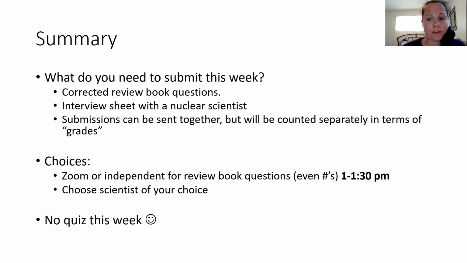We will do all of the even numbers together, and then you'll just have to do the odds, correct them, and submit your questions. You can take a picture of it. You can send me a OneDrive document. It really makes no difference. There is no quiz this week. You will just have 2 completion grades, 1 for your corrected review book questions, and 1 for completing the interview sheet with a nuclear scientist.